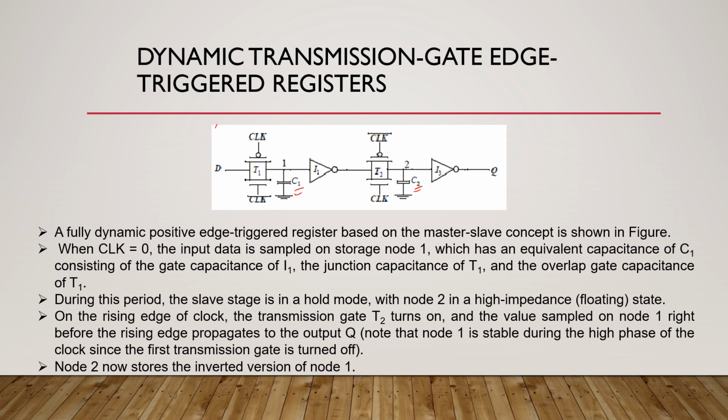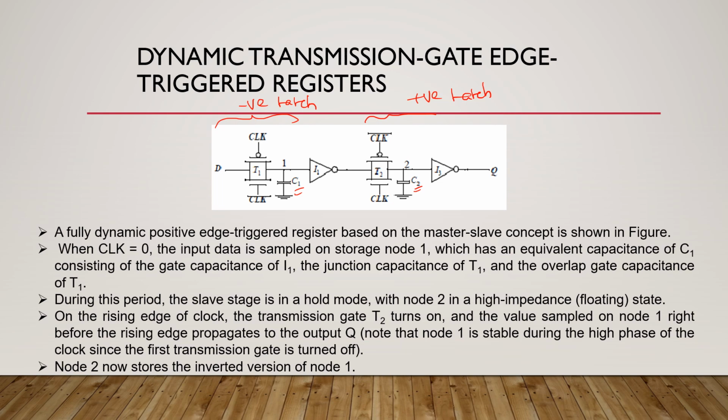See here, the first one acts as the negative latch, and the second one acts as the positive latch. Already we have discussed the difference between latches and registers, and between positive and negative, in the last class.